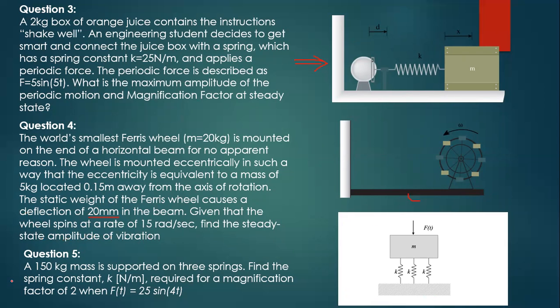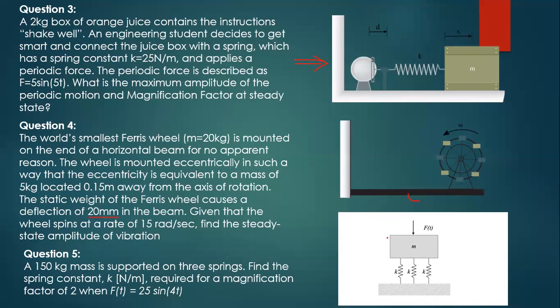The last question here is the fifth question. A 150 kg mass is supported on 3 springs. We have 3 springs here, with equivalent stiffness K each. Find the spring constant K required for a magnification factor of 2.